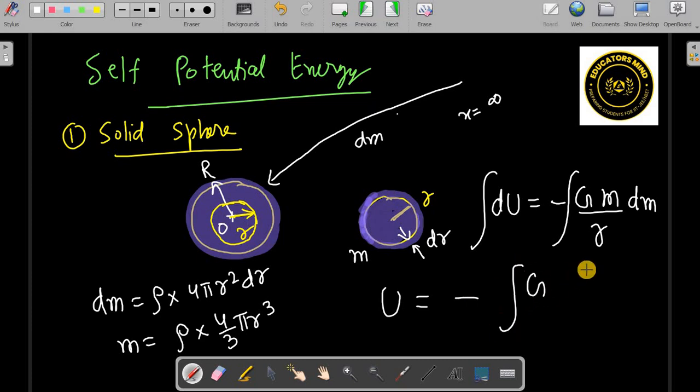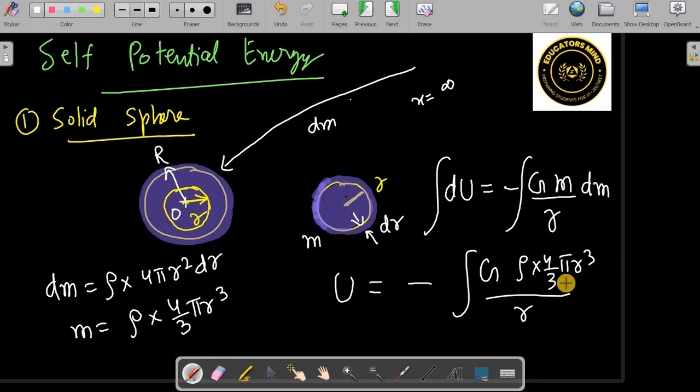So minus G, rho into 4 by 3 pi r cube by r, and dm can be written as rho into 4 pi r square dr.